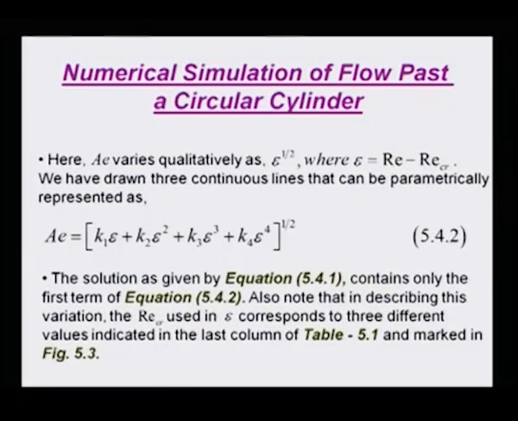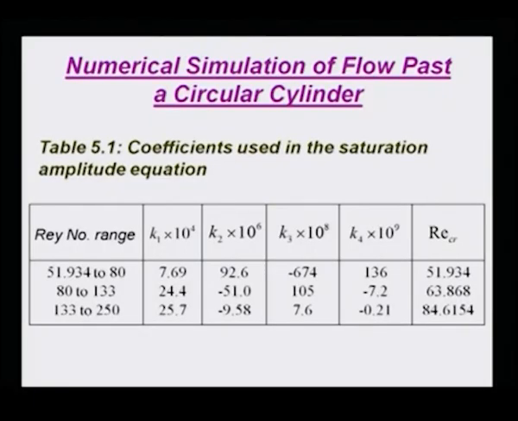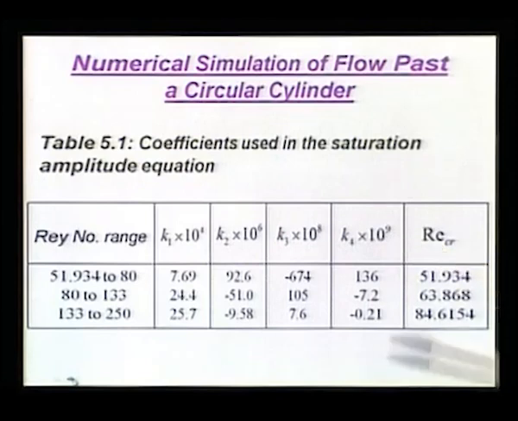And what we have done, we have seen in that figure that we have 3 different distinct parabolas. So, in these 3 different loops, we could actually obtain these multiplicative coefficients, and this is what we get.